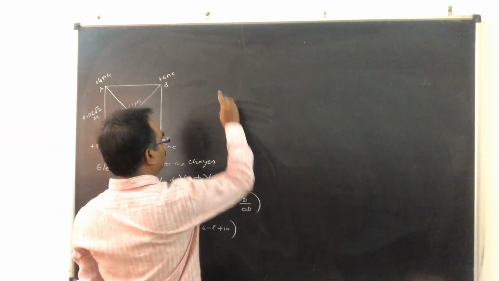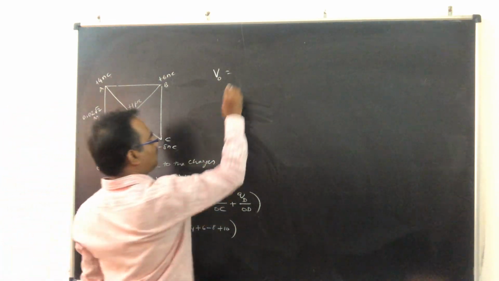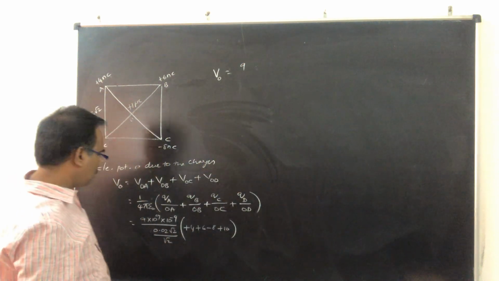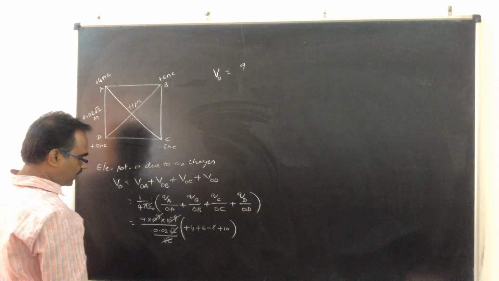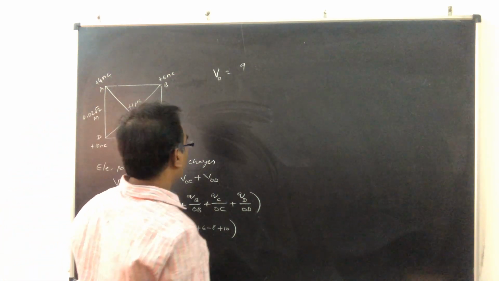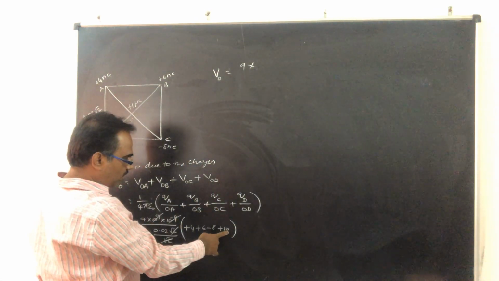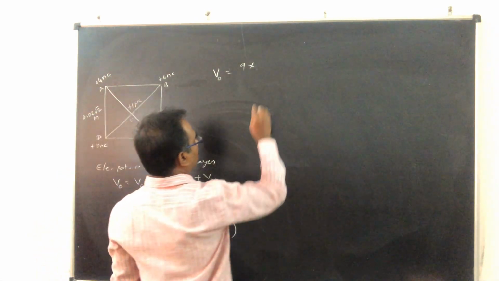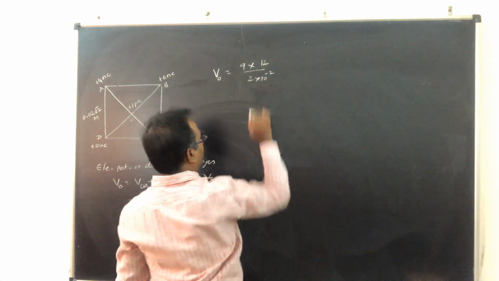So this potential at O, this is 9, 10 power 9, 10 power minus 9 cancels, this root 2 cancels, so 9 into 10 plus 10 is 20, 20 minus 8 is 12, divided by 2 into 10 to the power of minus 2.